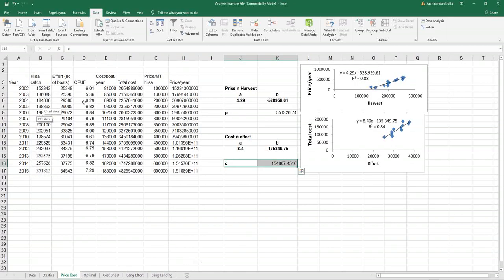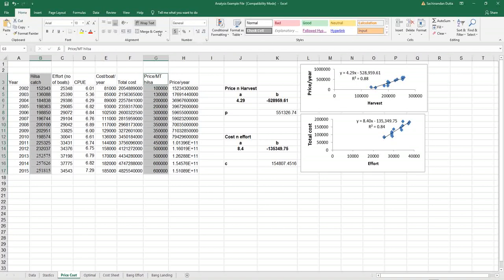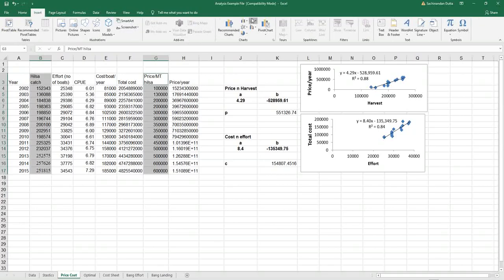So year wise we have the catch, effort, cost, and the price. Okay, so you plot harvest, that is the catch, by price. So here is the catch and the price. Okay, so you plot it, just a simple regression line, and from the simple regression line you can get the slope and intercept value. So if you want to check it, just go to Insert and plot it.